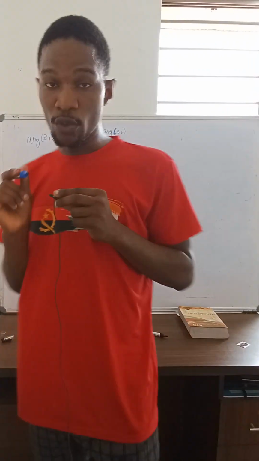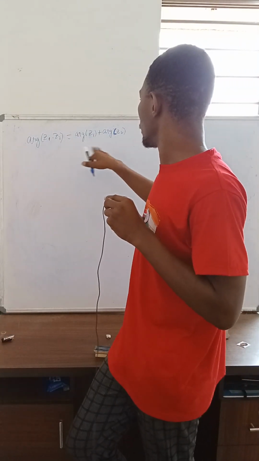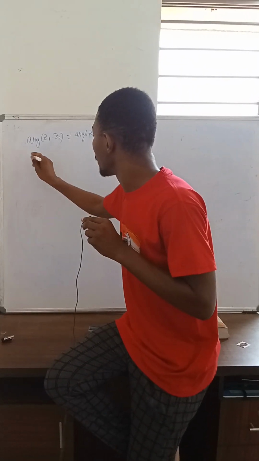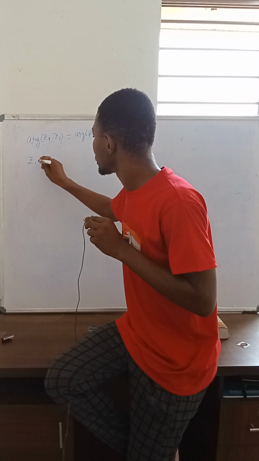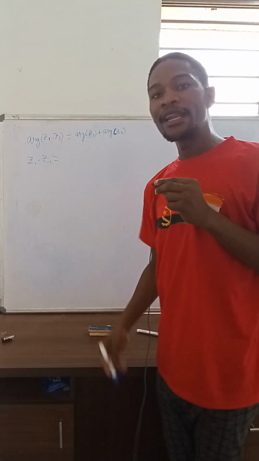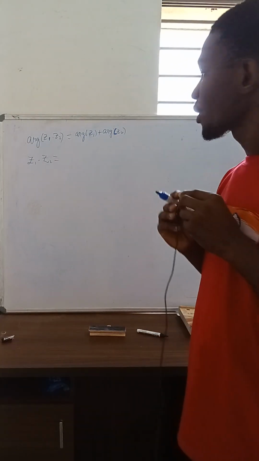Right? So to solve this equation, or to prove this statement, what we have to do is write what z1 times z2 is. And here we have two ways to demonstrate this.